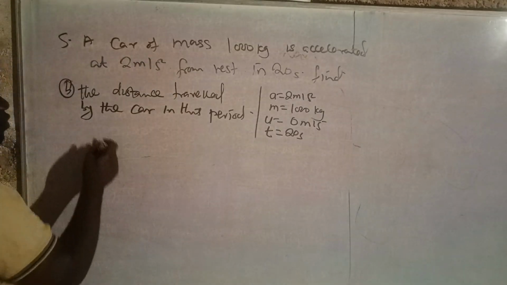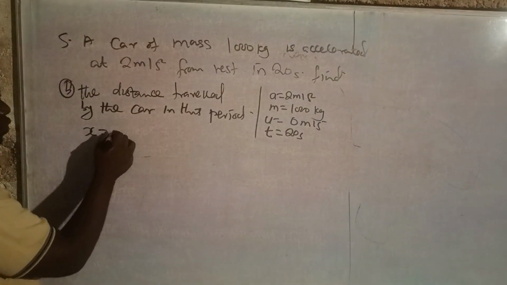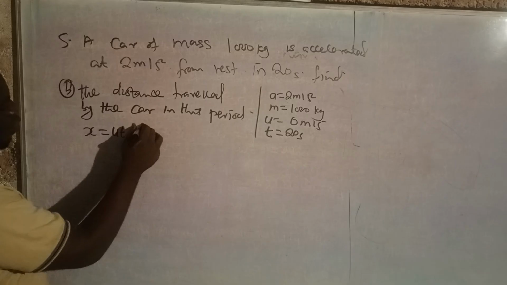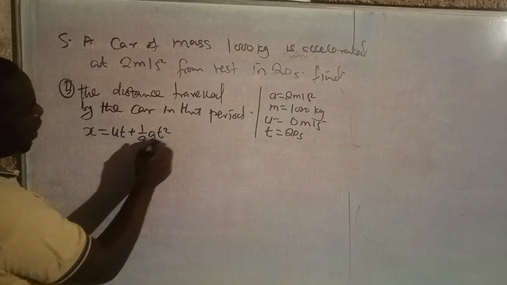the best formula to use here is x, which is distance, equal to ut plus 1/2 at squared.